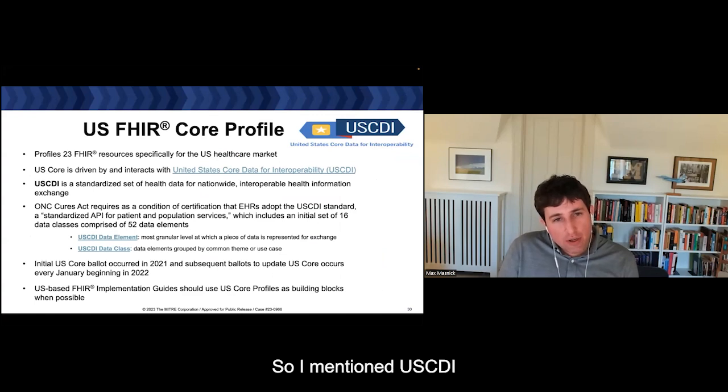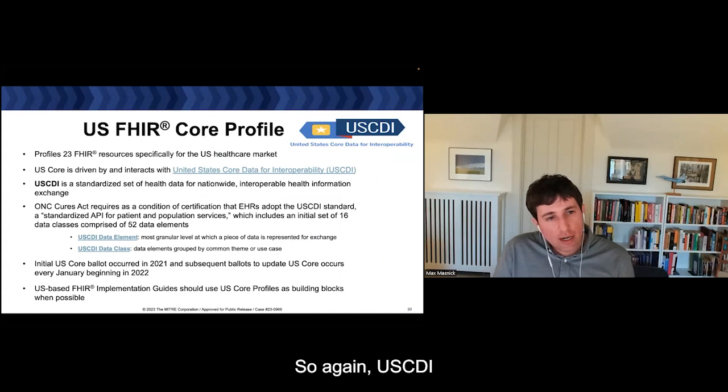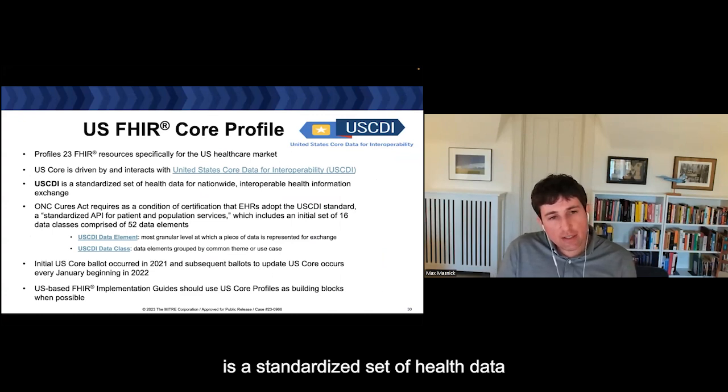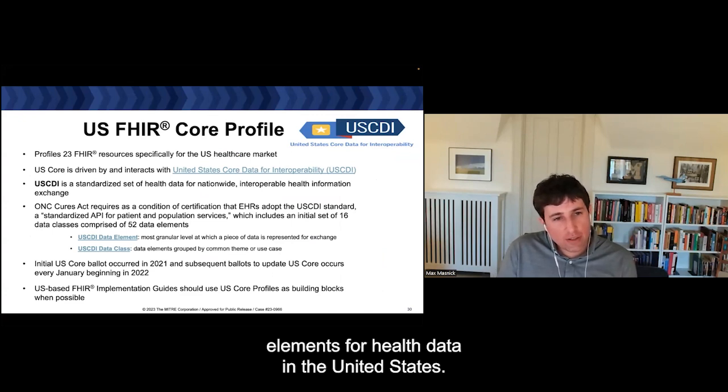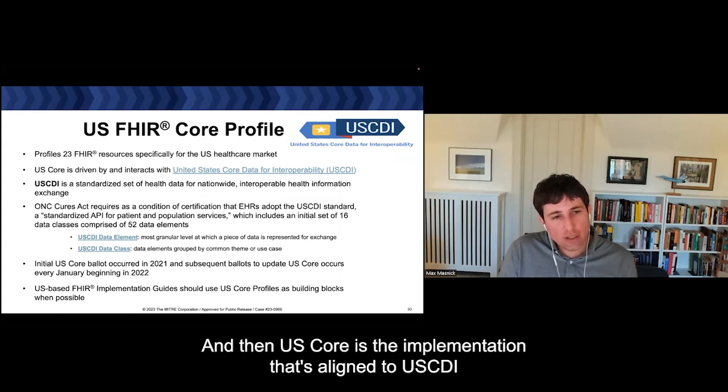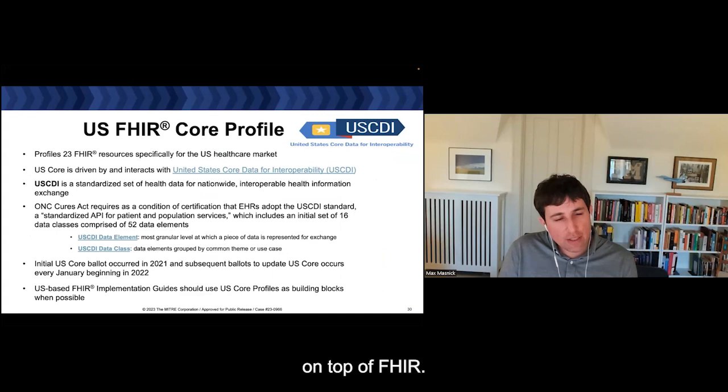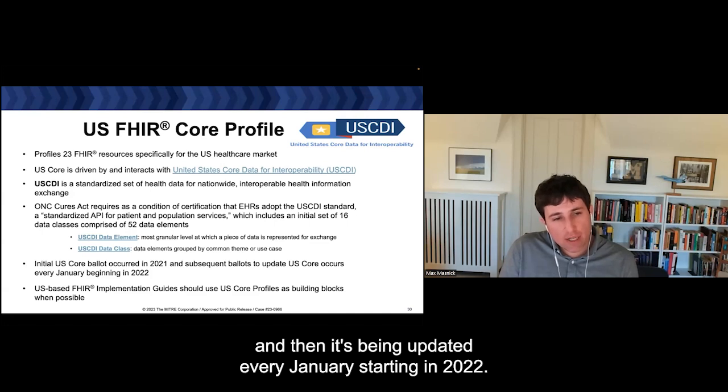So I mentioned US CDI and US Core on the previous slide. Again, US CDI is a standardized set of health data elements for health data in the United States. And then US Core is the implementation that's aligned to US CDI on top of FHIR. The published version of this specification initially was in 2021, and then it's being updated every January starting in 2022.